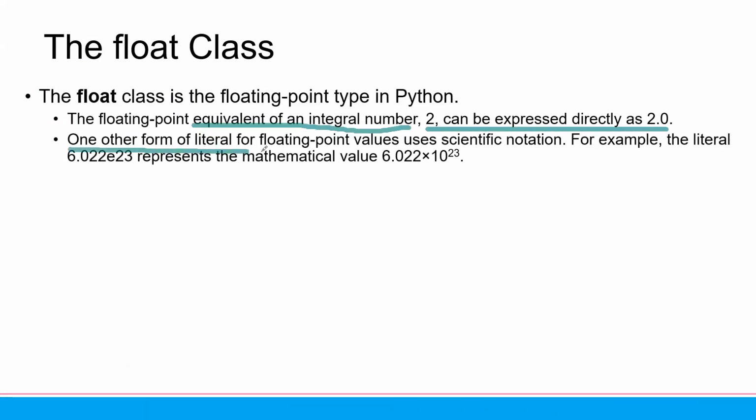One other form of the literal for floating point values uses scientific notation, like this one, 6.022e23. If you still remember, in Java we also have the same. It represents 6.022 multiplied by 10 to the power 23.